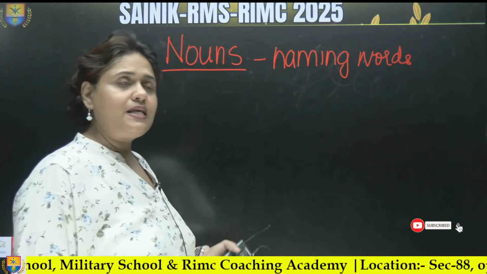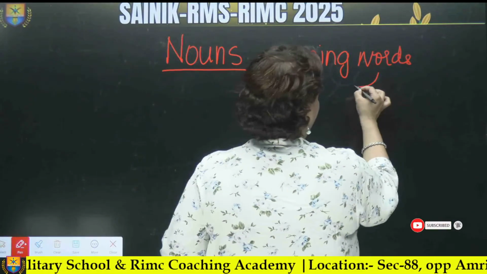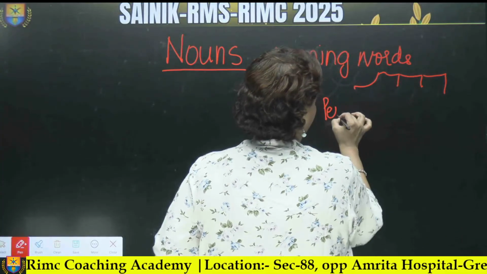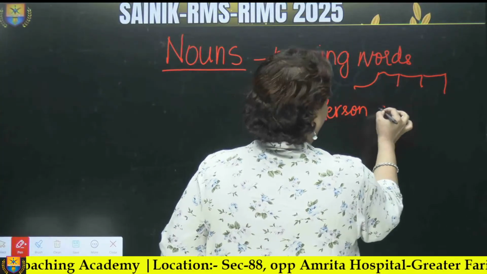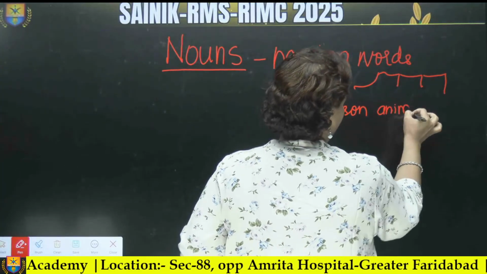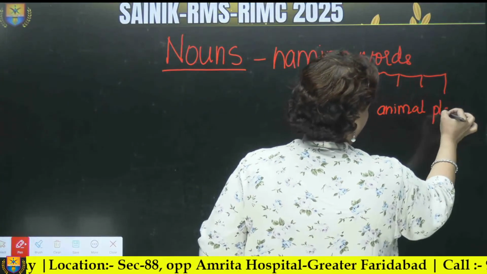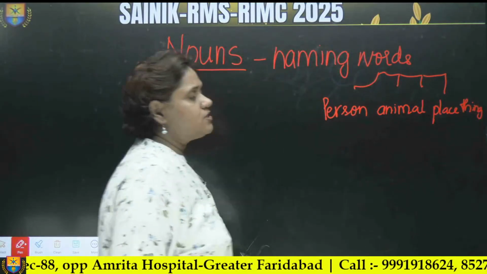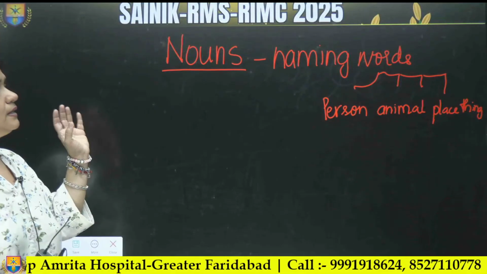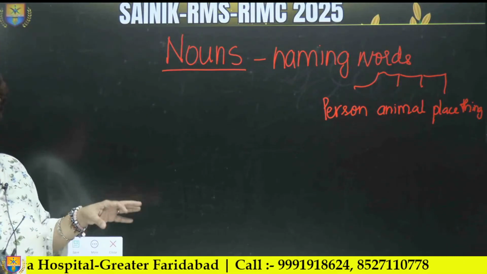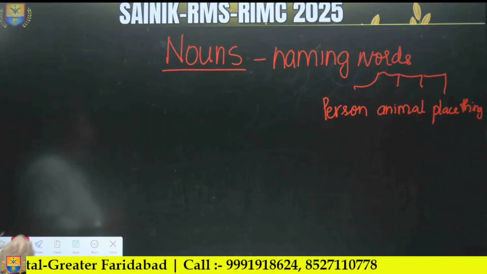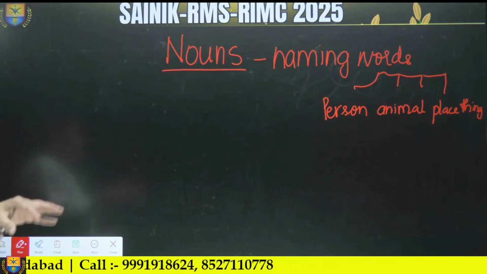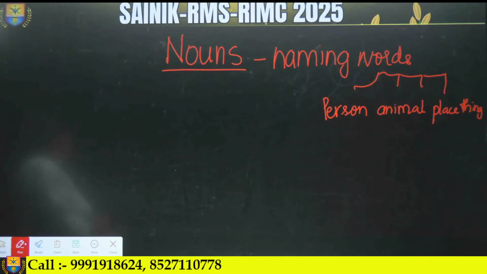And these naming words can be for a person, animal, place, and thing. This is a very short and sweet description about nouns. They are the naming words where it names a person, place, animal, or thing.